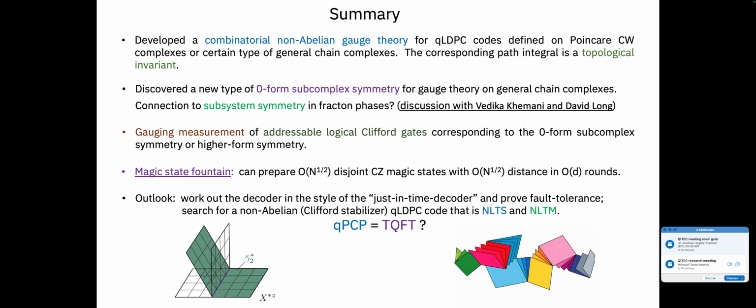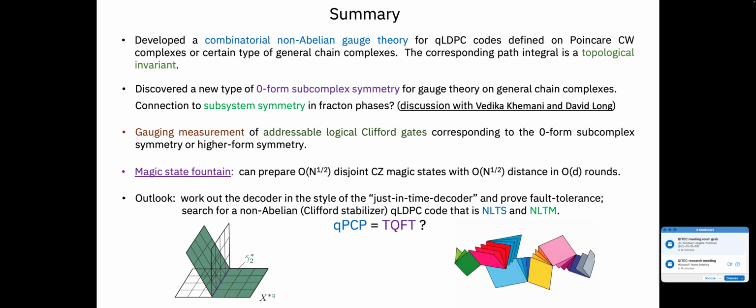Currently, IBM studies a particular code called the bivariate bicycle code, but it's essentially a generalization of the hypergraph product code, which can be considered as a balanced product of classical codes. When you take the balanced product, you add some twist, and you get an even more compact code with even larger distance. This kind of technique can definitely be applied to that.